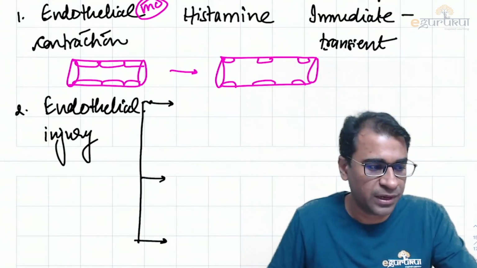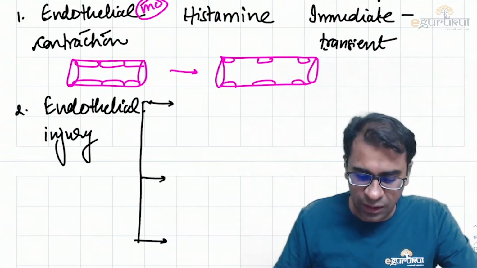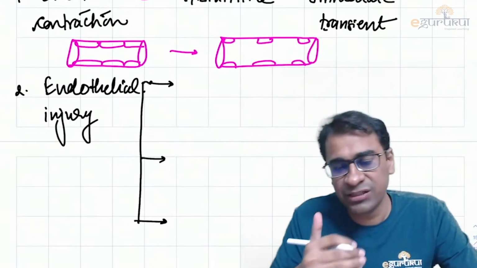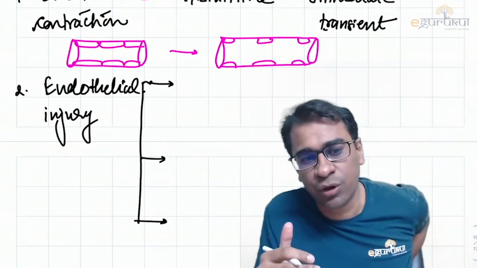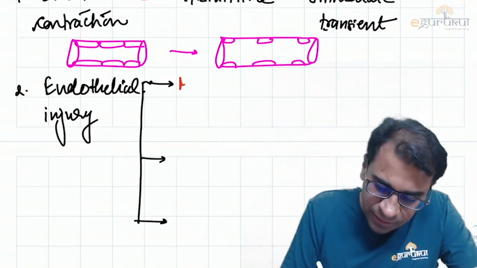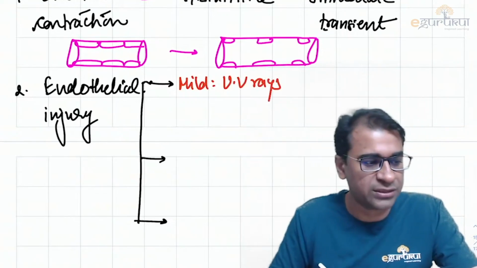Let's see how. The first thing to understand is that it occurs because of mild injury. Secondly, it can occur because of severe injury. So what is the mild injury? The mild injury is because of ultraviolet rays, UV rays.